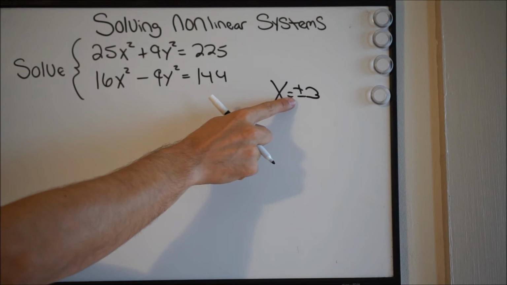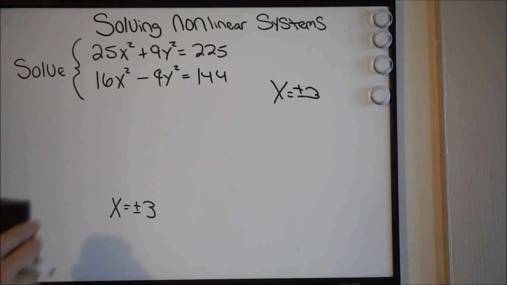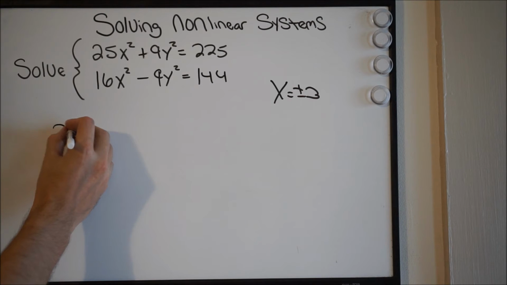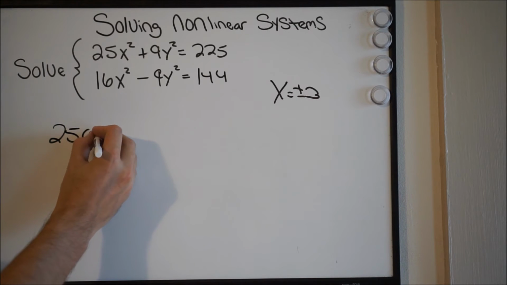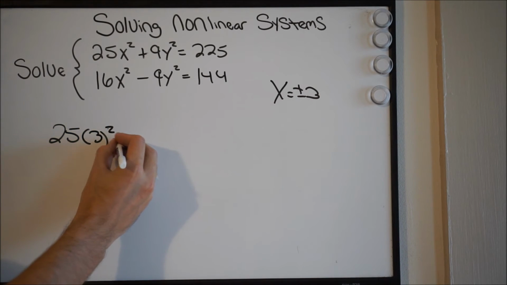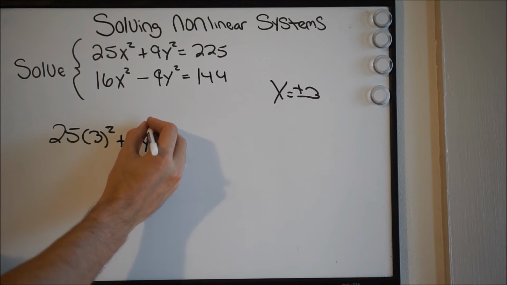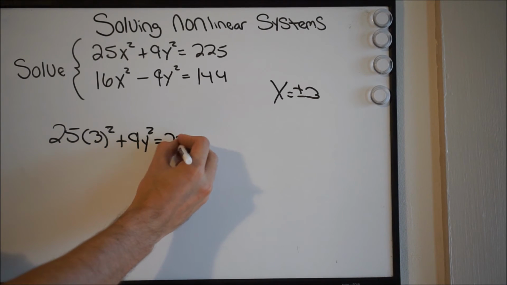Essentially we're just going to plug this in and solve for y, so we can get the y variable of our solution. Let's plug in a positive 3 first. We're going to get 25 times 3 squared plus 9y squared equal to 225.